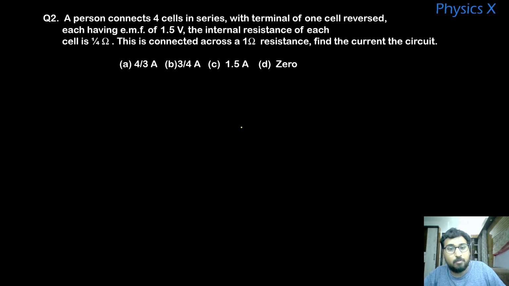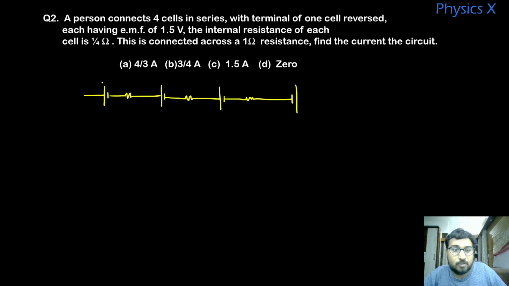So let me draw it more appropriately for you. Suppose this is the first cell, and this is its internal resistance, this is the second cell, this is its internal resistance, this is the third cell, this is its internal resistance, and this is the fourth cell, connected in the reverse direction. This is minus, this is plus, and the internal resistance. In a resistance, whether you change the terminal doesn't matter.